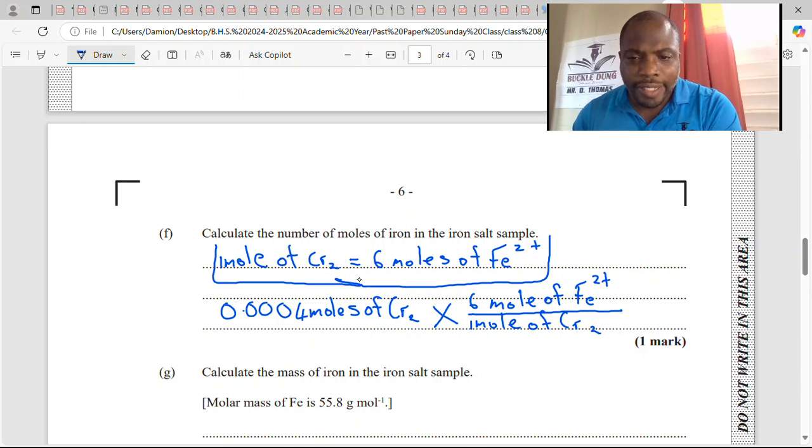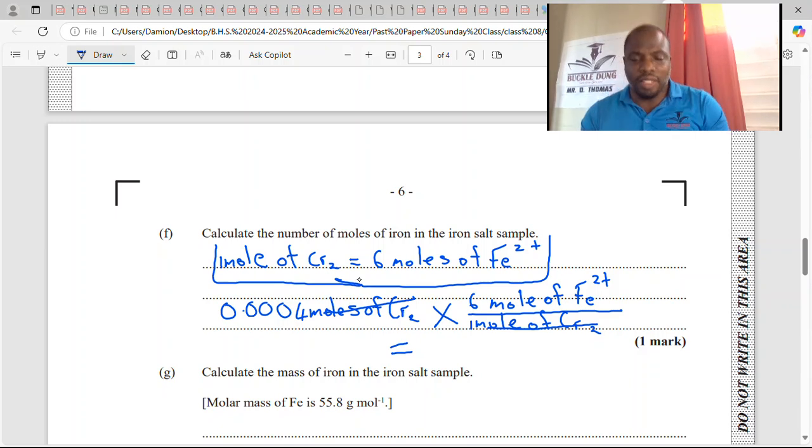So moles of dichromate cancel, leaving our answer in moles of iron 2, which we know is what? 0.0004 multiplied by the 6.